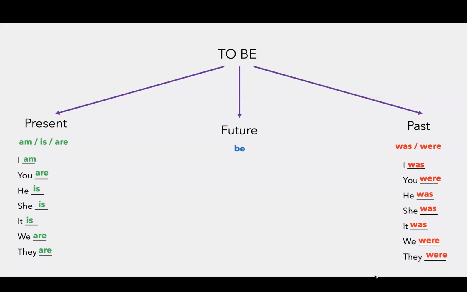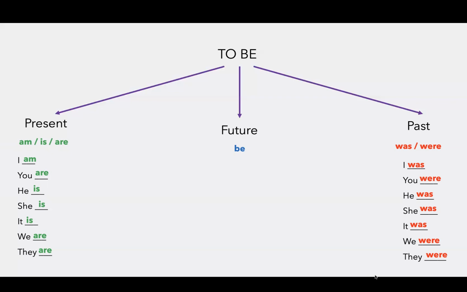So when we say present form, we mean the present time, right now, at present, or something in general, something like a fact, or how you feel, or where you are right now.